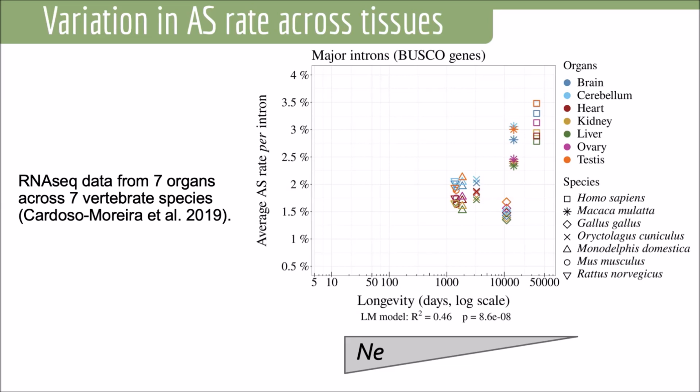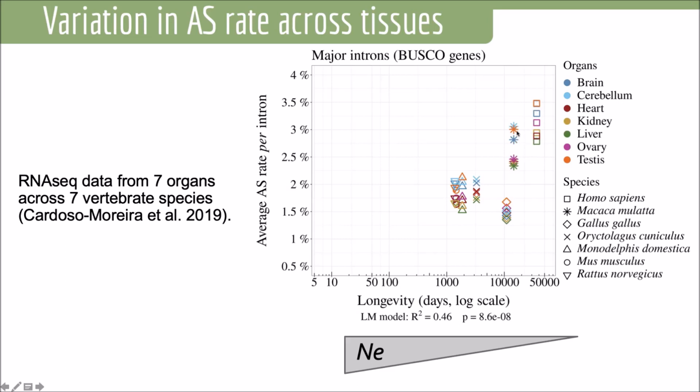So here they really control that they have the same protocol across different species, and they focus on the same organs. And so with this set of 7 species, we could measure the rate of alternative splicing across different organs.